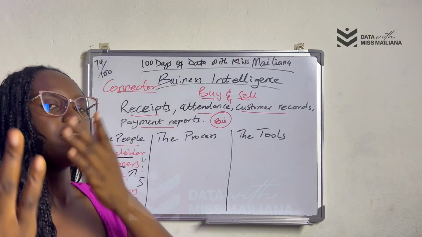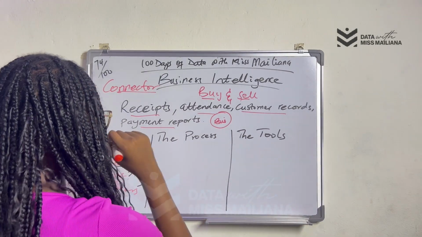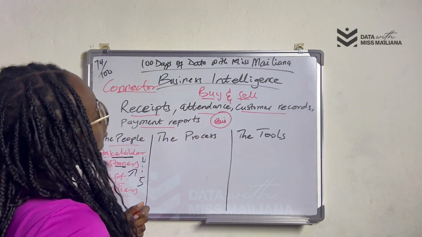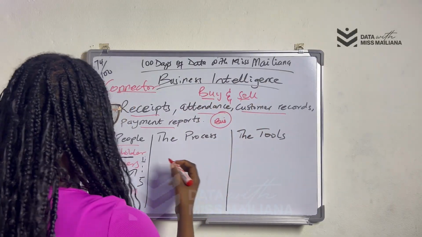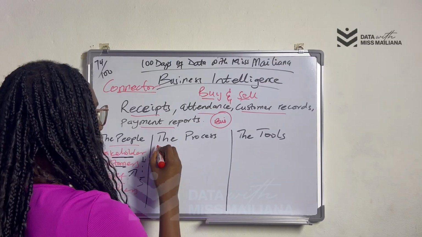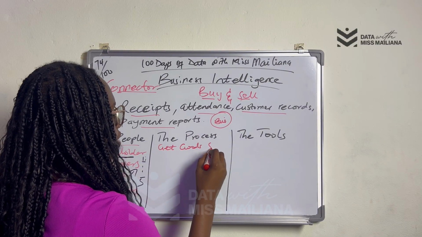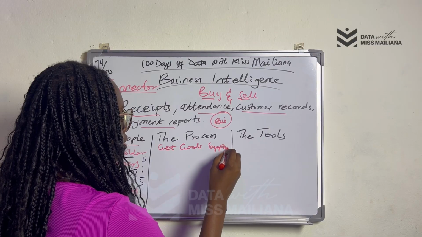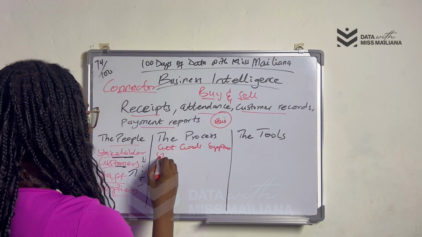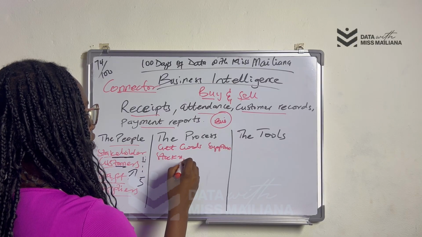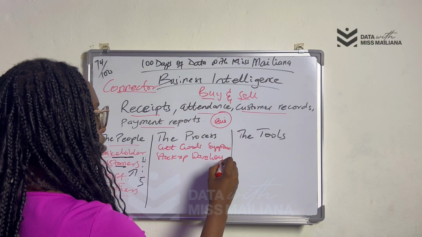Now, with all that I have said, the process comes in. Let's say buy and sell. If you say buy and sell, it's something like a circle, right? The process is you get goods from suppliers, and we stock up the warehouse. So that's the processes involved.